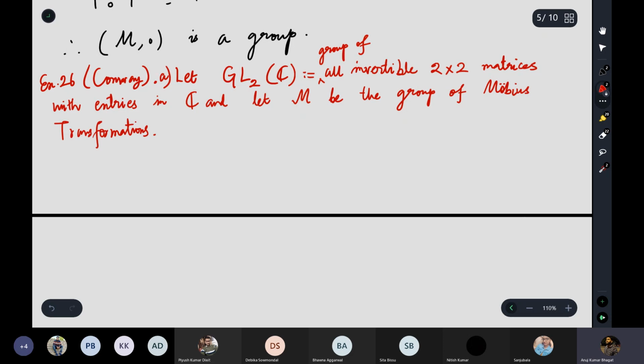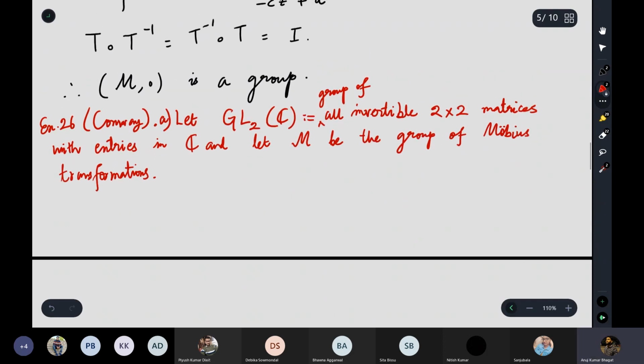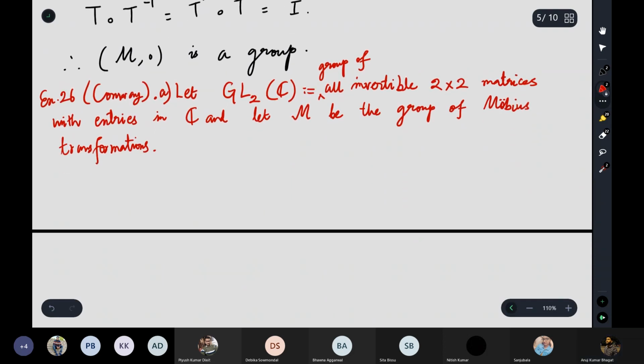So I have a group of 2 by 2 invertible matrices, which is a group under multiplication, and I have the group of all Mobius transformations, which is a group under the composition of functions. So do not get confused. I have not written the binary operations, but you remember this is a group properly.